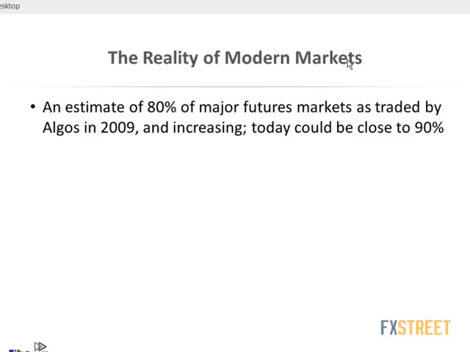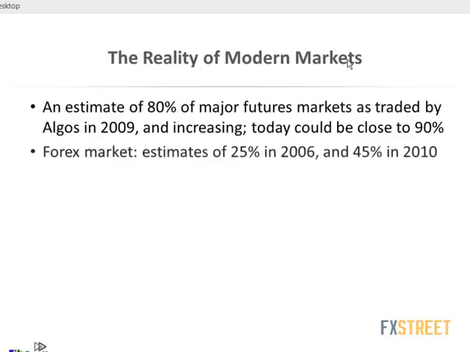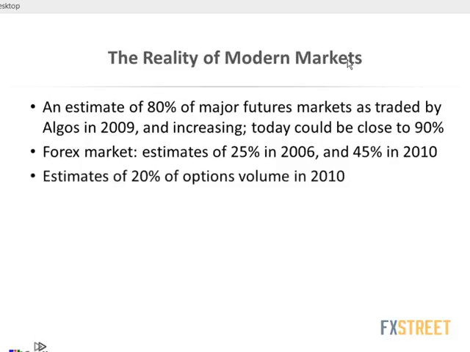That was in 2009 or 2014, so it could be much higher now. In Forex, the estimate in 2006 was 25%, and it's known to be between 45% and 50% between 2010 and 2014. For options, the last estimate I have is from 2010, 20% of options.